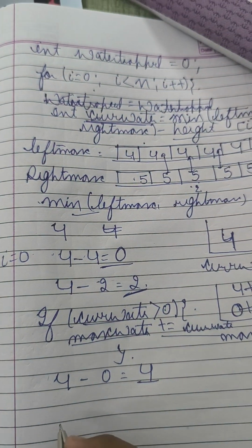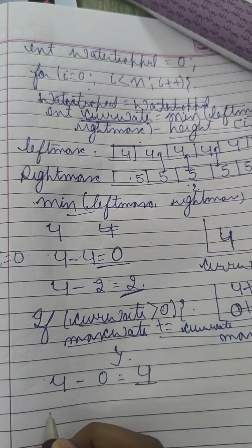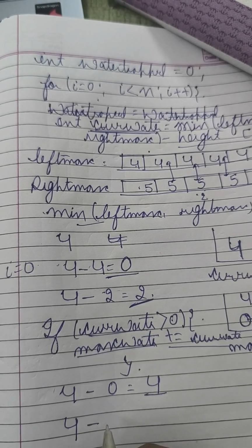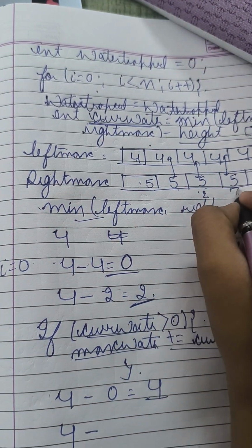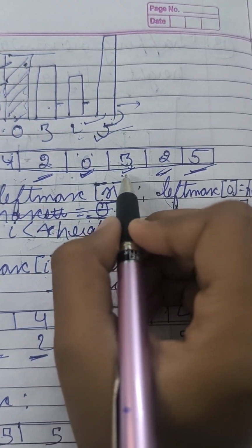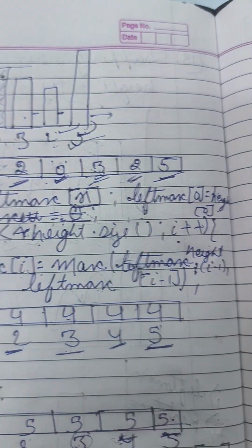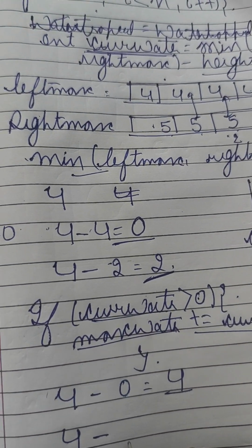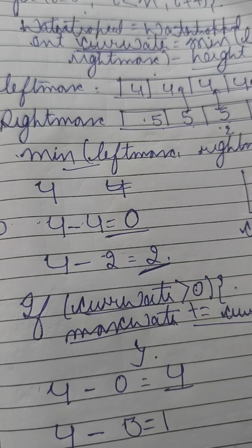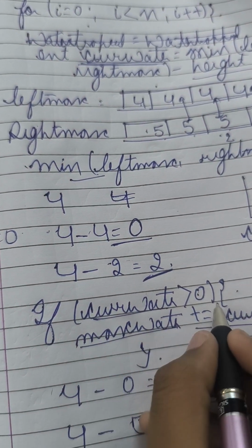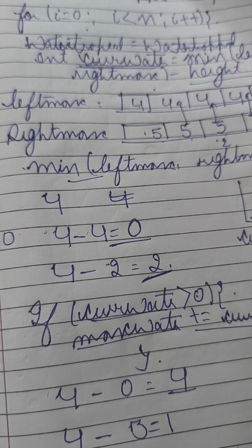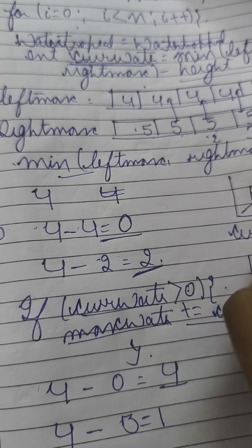Now the minimum of left max and right max is again 4, and we do 4 minus height of I. For the third element, the height of I is 0, 1st, 2nd, 3rd, which is 3. So 4 minus 3 equals 1. Now in current water the value 1 got stored. Current water 1 is greater than 0, so it will get added up in max water equals max water plus current water. Once again the 1 got added up over here.